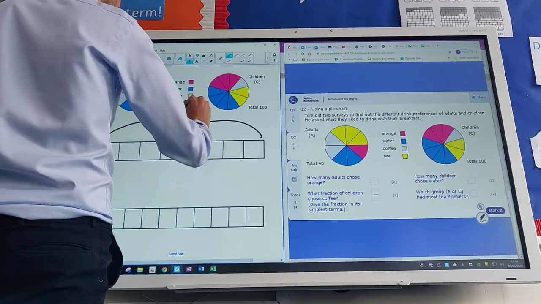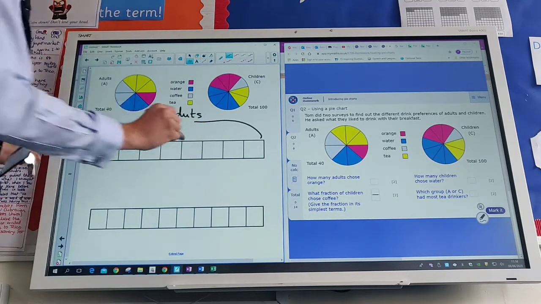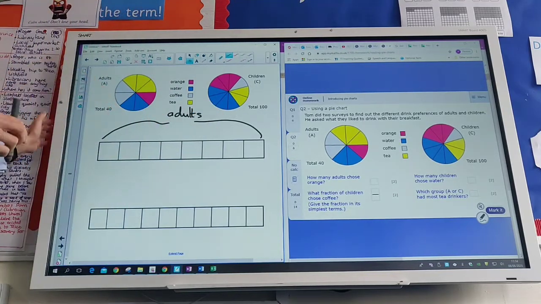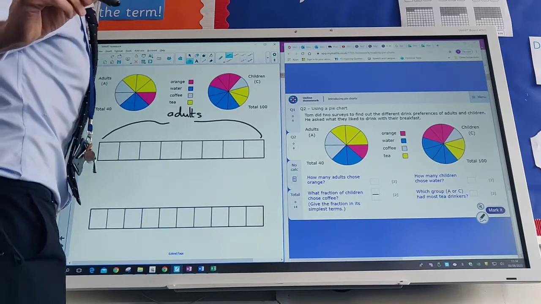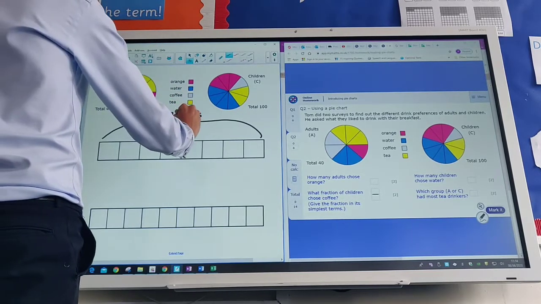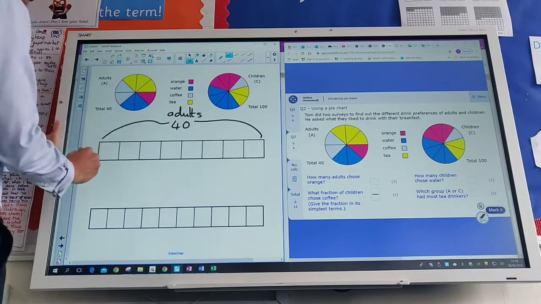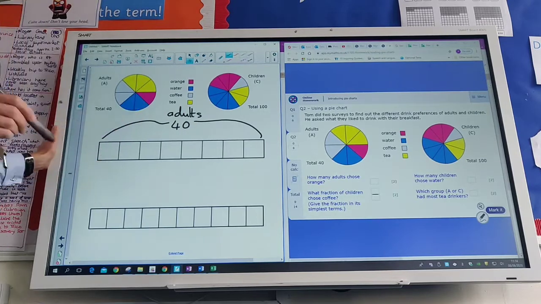How many adults? Adults are represented in this bar and this pie chart. Yep, it's 40. Now to find out how much one part is worth, you'd have to do 40 divided by the number of parts.